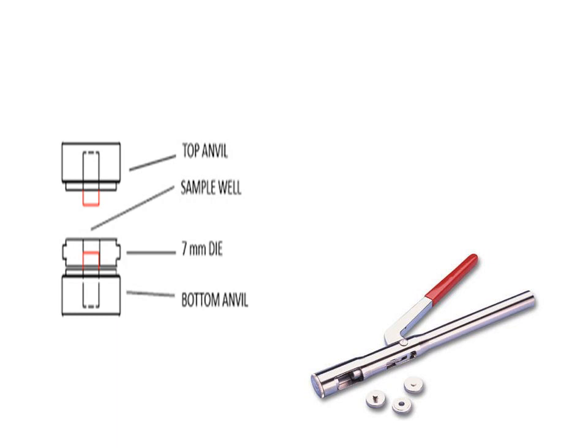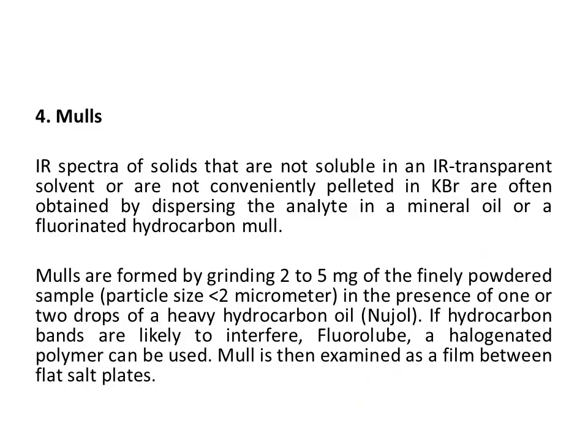You have handled hardness testers; here, rather than using it for breaking the tablet, you use it for making a wafer. Just put the material into your die and apply the pressure to form a wafer.